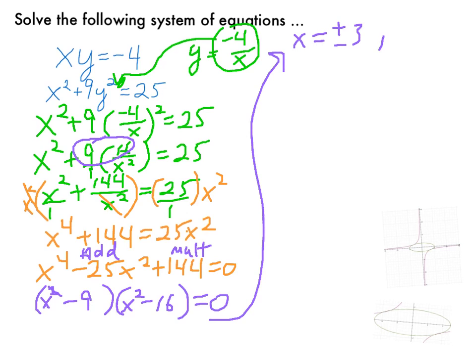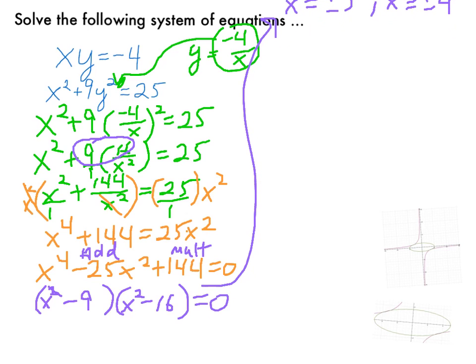And the right factor would be x equals plus or minus 4. Wow. That would be 4 points of intersection, where they intersect at positive 3, negative 3, positive 4, and negative 4.